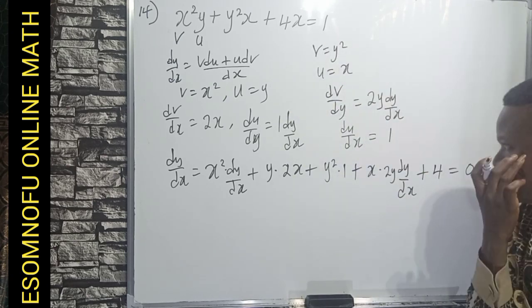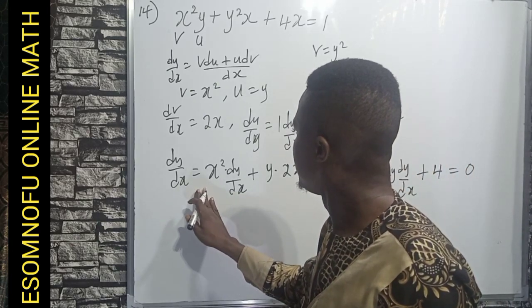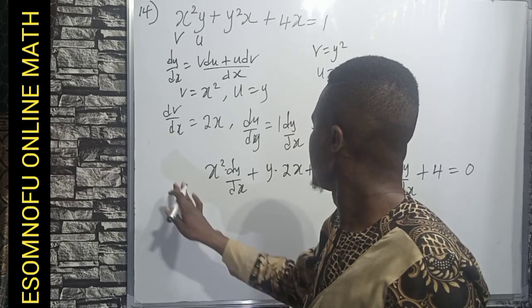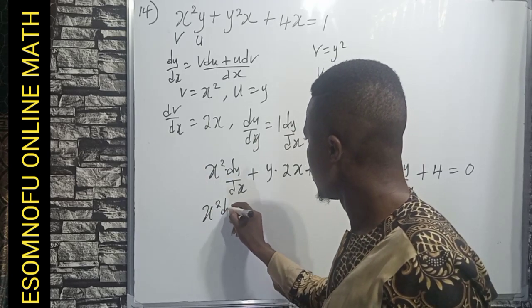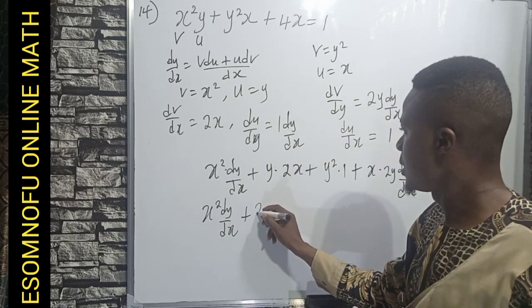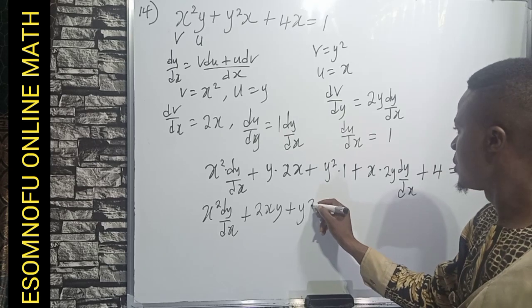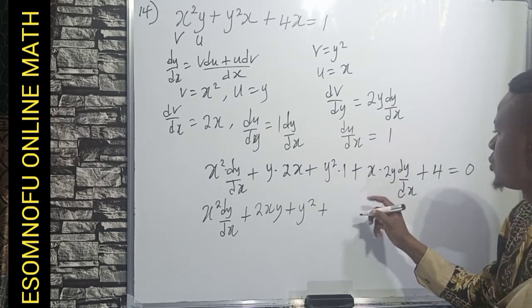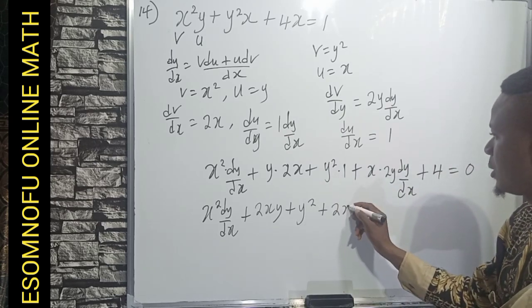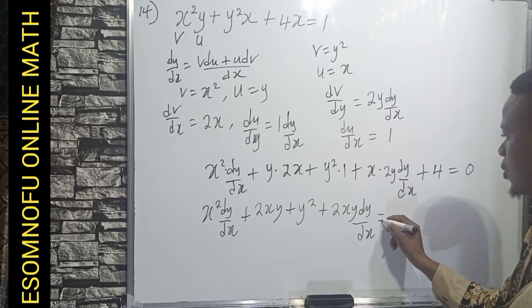So arranging this properly, this will now be x squared dy over dx, plus y times 2x is 2xy, plus y squared times 1 is y squared, plus x times 2y dy/dx will give us 2xy dy over dx, equal to -4.